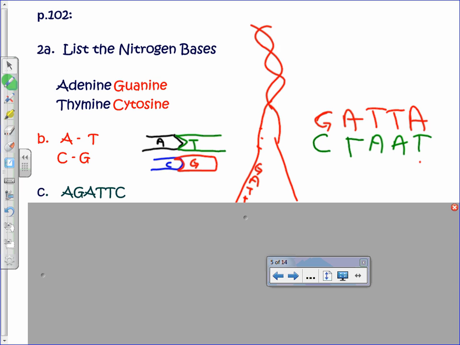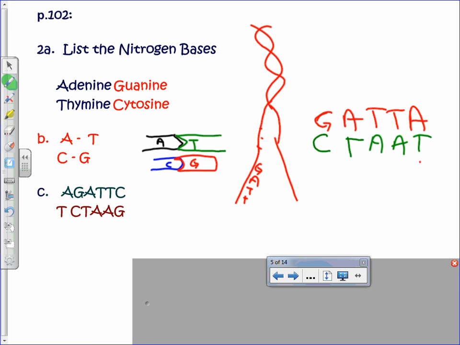Because A only matches with T, and G only matches with C, and then A matches with, and T matches with, and A matches with, and C matches with. So that's what the other side of the DNA strand looks like. Okay? And it turns out, I will ask you this question over and over, just kind of drill it into your head. It looks complicated. It's very easy.